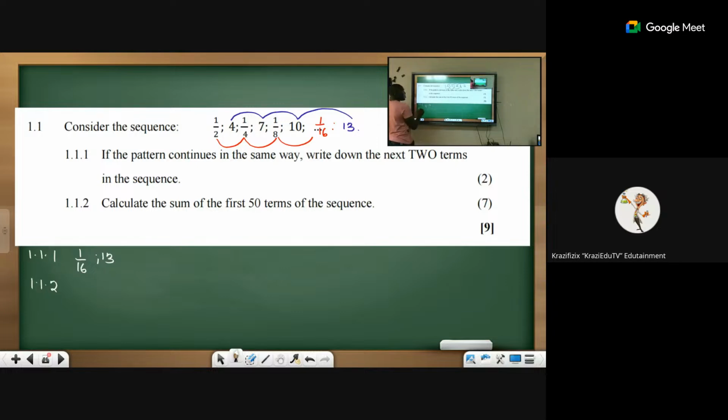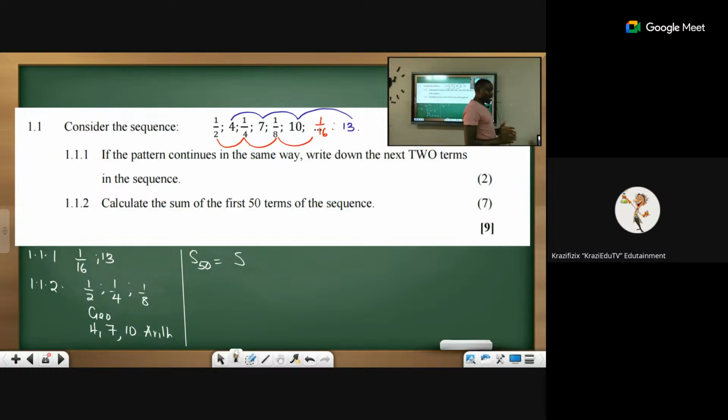1.1.2, calculate the sum. Look, if we split it, 1/2, 1/4, 1/8, geo, 4, 7, 10, arithmetic. We are adding. Don't you see that we can then say S50 will be the sum of, since there are 50 terms, 50 is an even number.